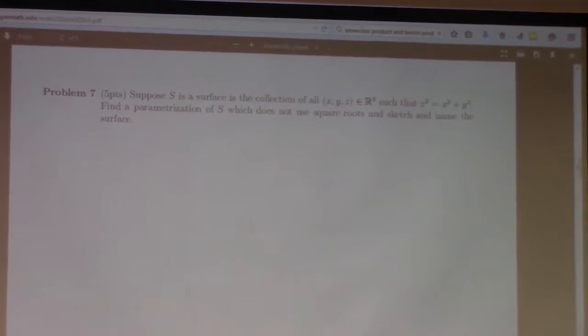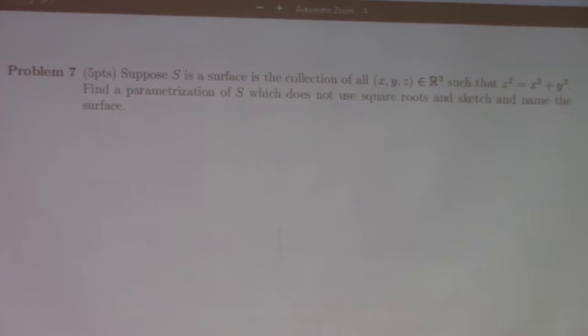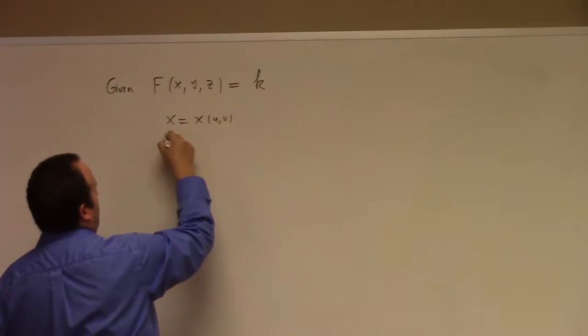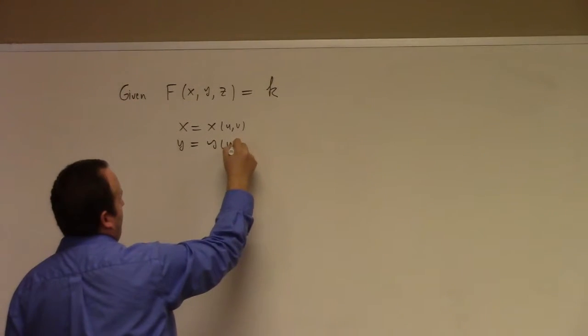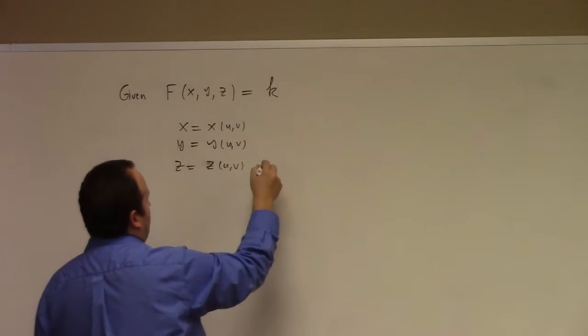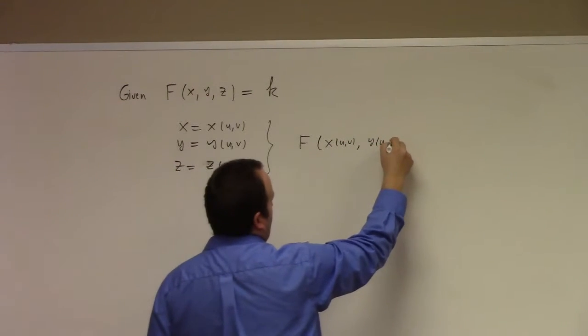But I will say this. It also depends on how the problem's given to you, right? If you're given a level surface, so you're given f of x, y, z equals some constant, then your goal in the parameterization is to find x as some function of u and v, y as some function of u and v, z as some function of u and v, such that when you plug those in, what happens?